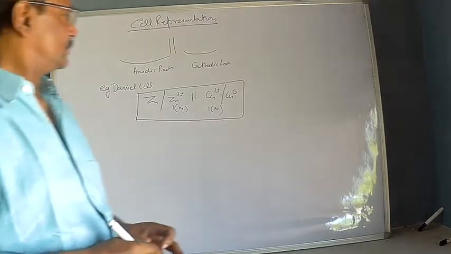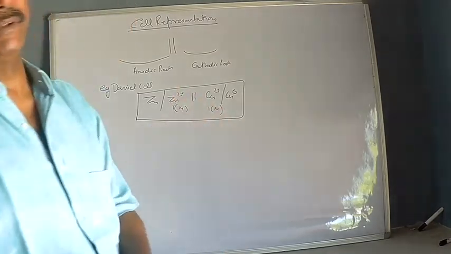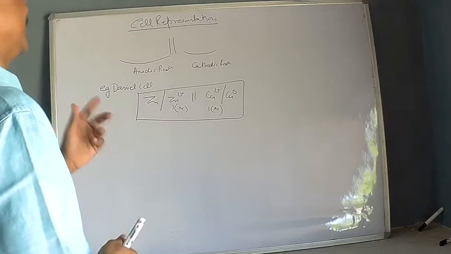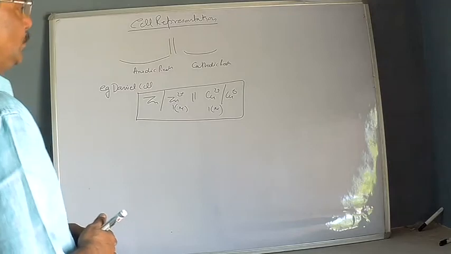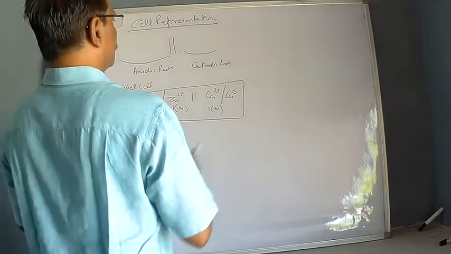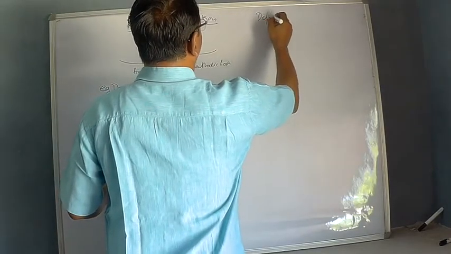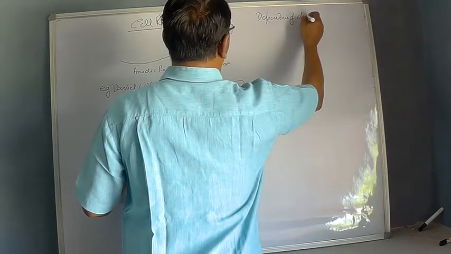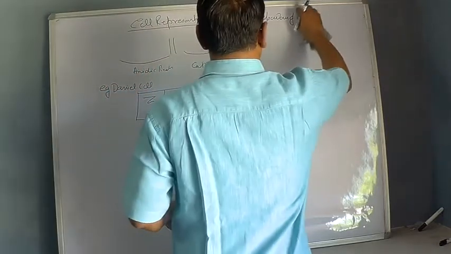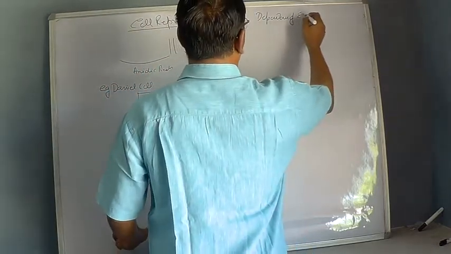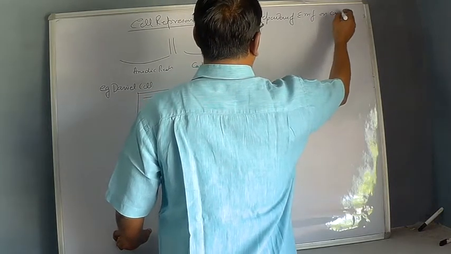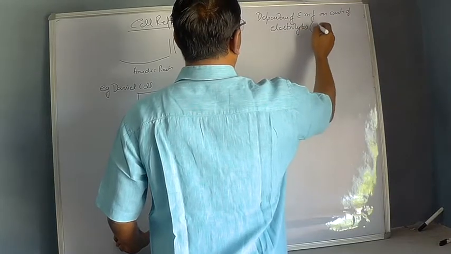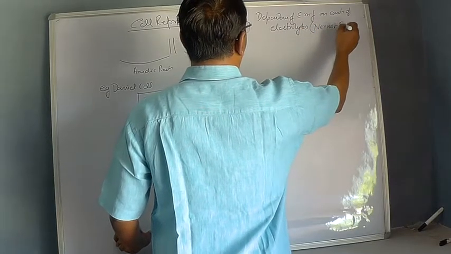Now class, next question comes that if we change the concentration of the electrolyte, what is going to happen to the EMF of the cell? And for that, Nernst equation came into existence. Dependence of EMF on concentration of electrolytes is given by Nernst equation.